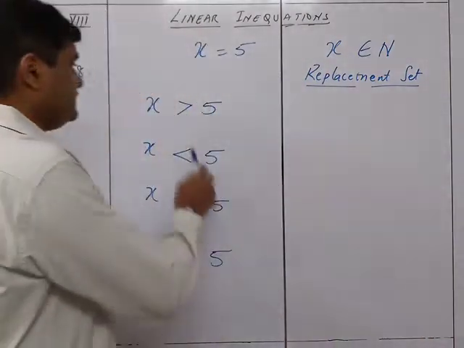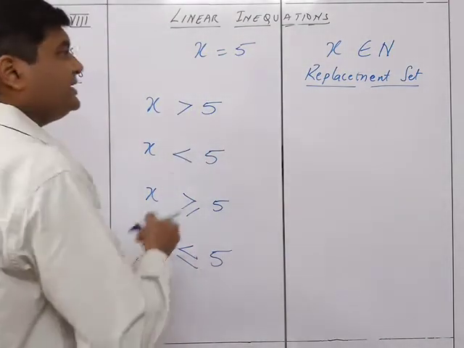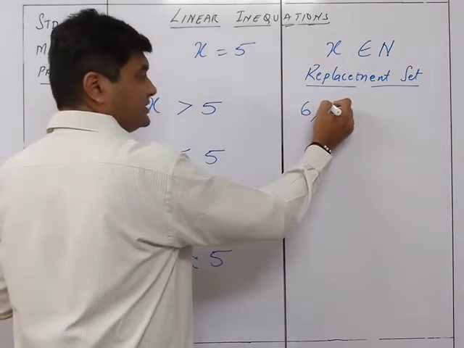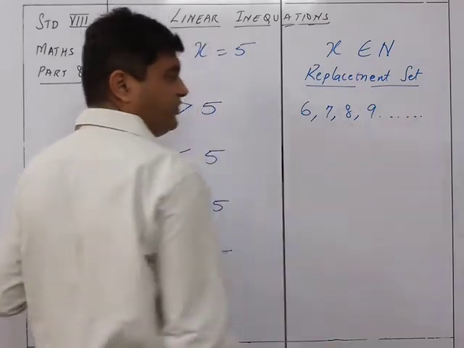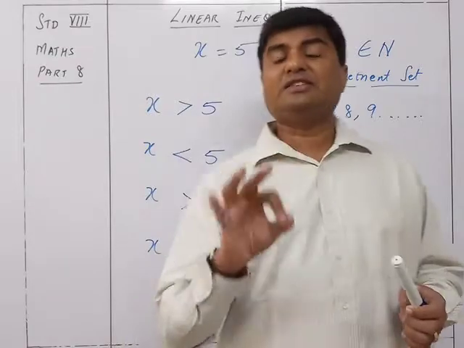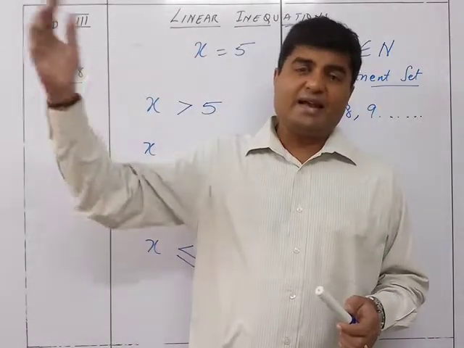So in this case, x is greater than 5 means what? It means that the answer could be 6 or 7 or 8 or 9, or it will go on to infinity. So any number which is greater than 5 will be the answer to this particular question. It could be 6, 7, 8, 9, 10, 11, anything.